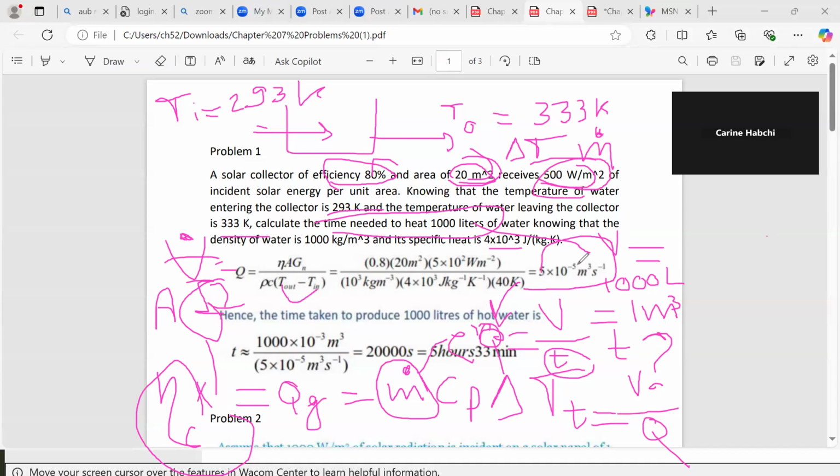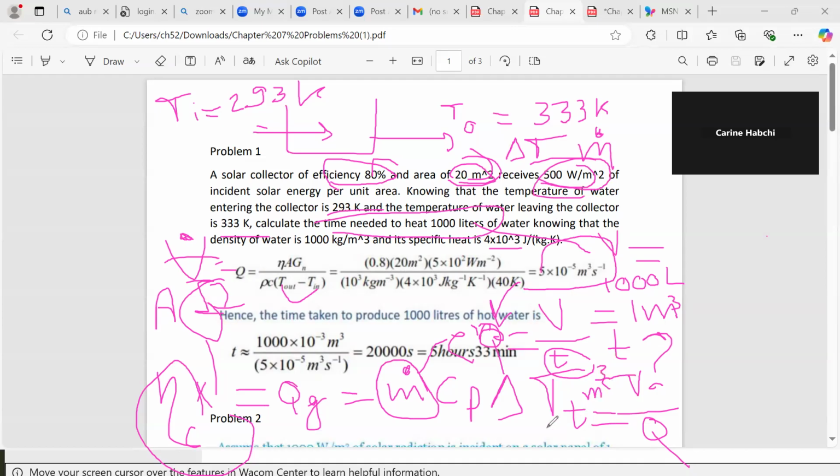Once I get the value of Q, I say the time is the volume over V dot. Because look, what is the unit of Q? Meter cube per second, and volume is meter cube.